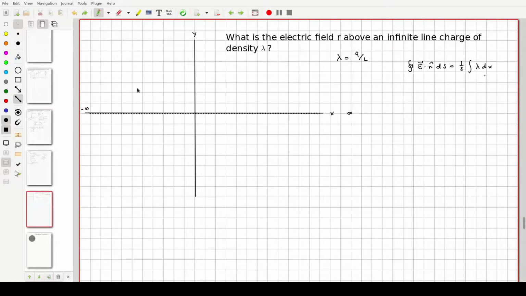And I'm going to capture some of this. So that would be about here, I think. 1, 2, 3, 4, 5, 6. Yeah. And then let's make it here. So this is my fake little surface that I'm drawing here.